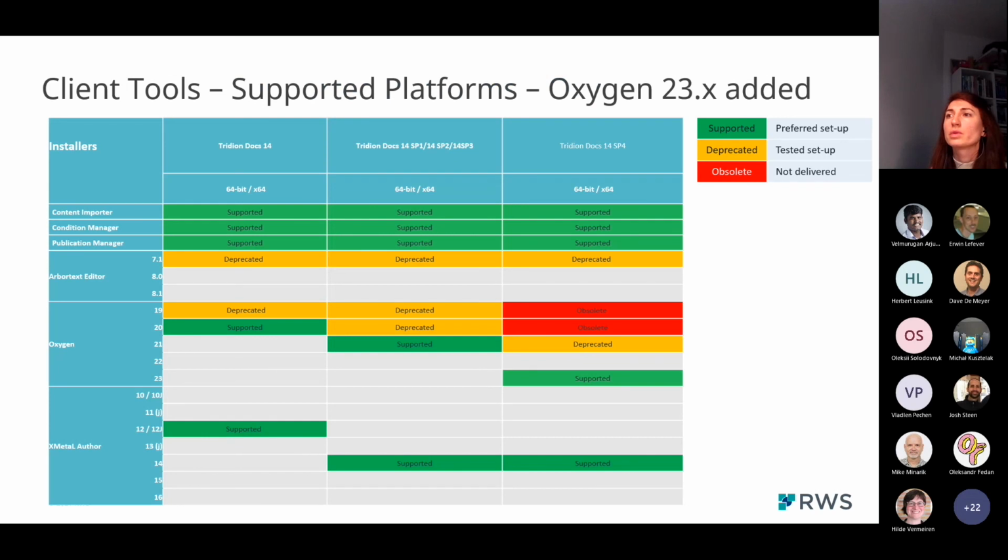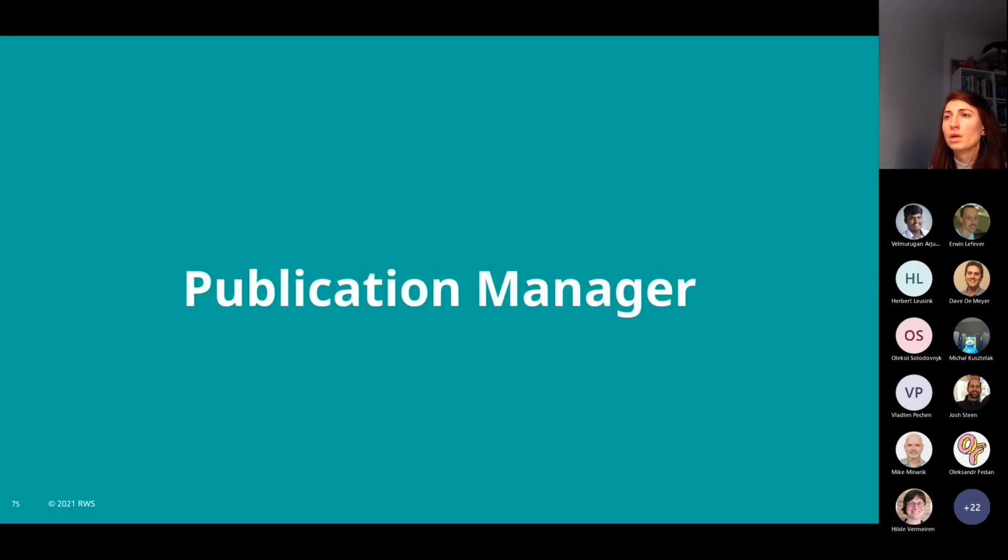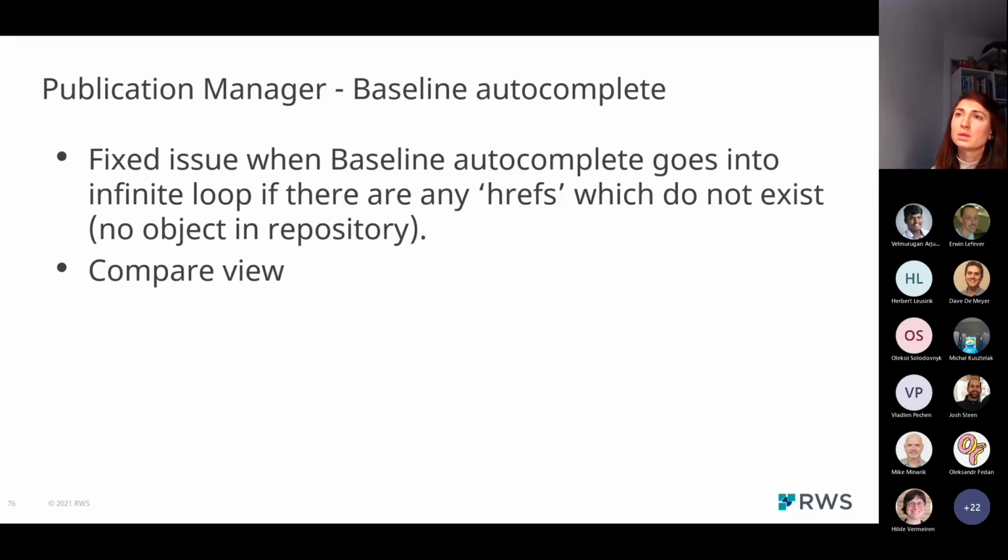In terms of support, we are supporting Oxygen from version 23 and higher. Basically, this is the important thing that we would like to indicate. For the publication manager, here are the improvements we had done.